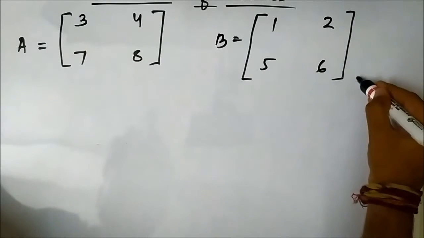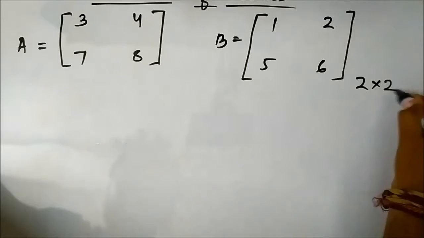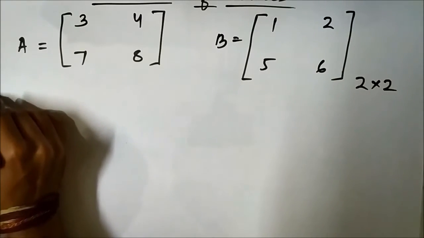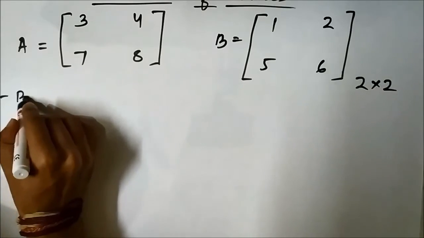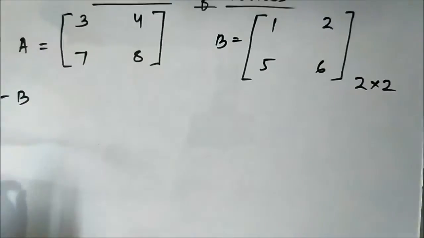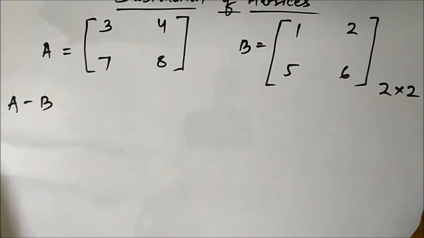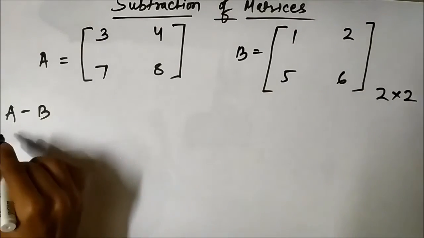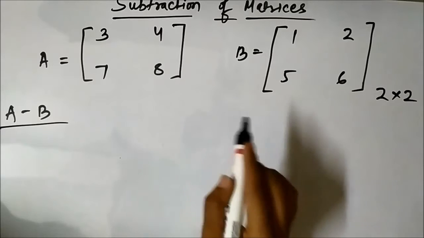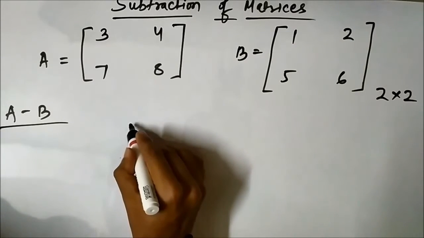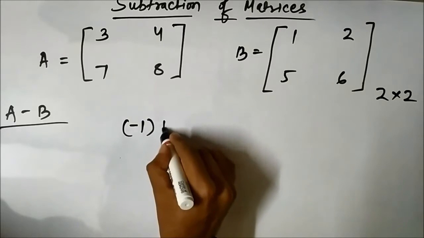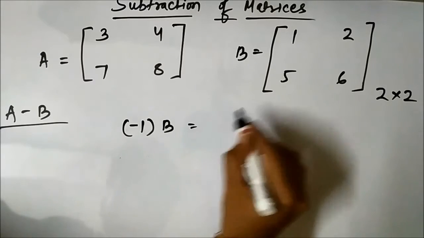It is also a 2 cross 2 matrix, and now we have to perform the subtraction process A minus B. We have to subtract matrix B from A. So for this, first what we need to do is scalar multiple of a matrix. We have to multiply matrix B with minus 1.